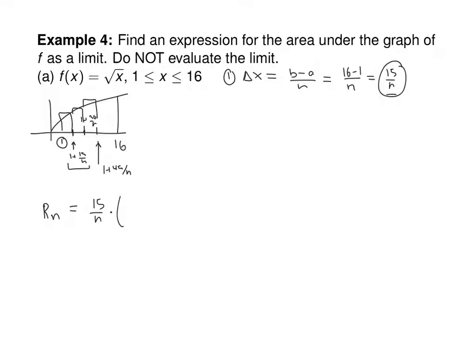To find the height of the first box, what do you plug into root x? 1 plus 15 over n. For the next, what do you plug into the root function? 1 plus 30 over n. And then next, we plug in 1 plus 45 over n.